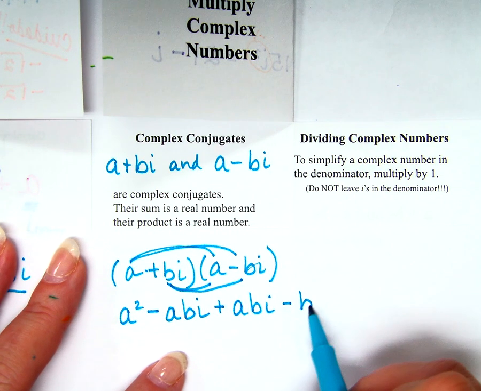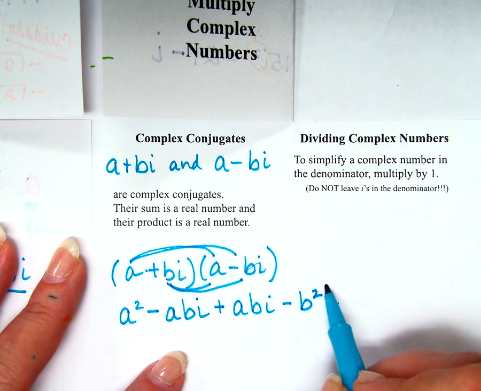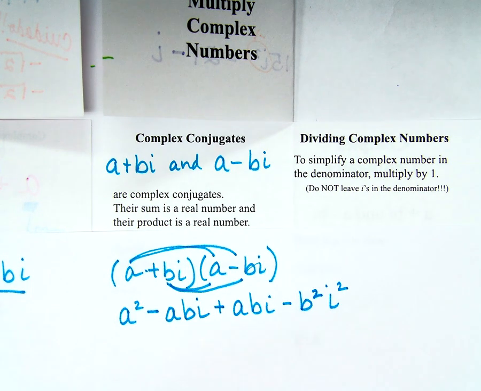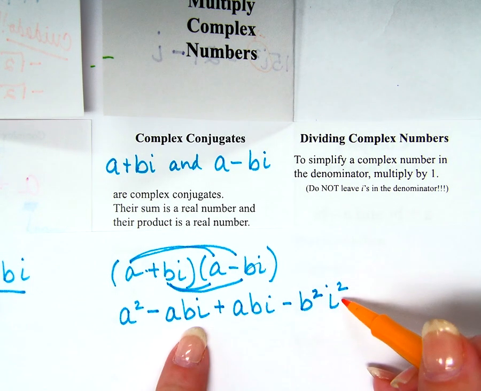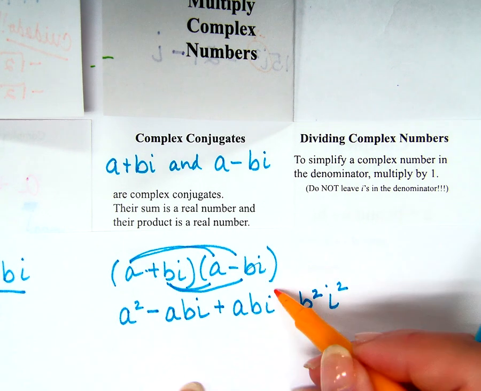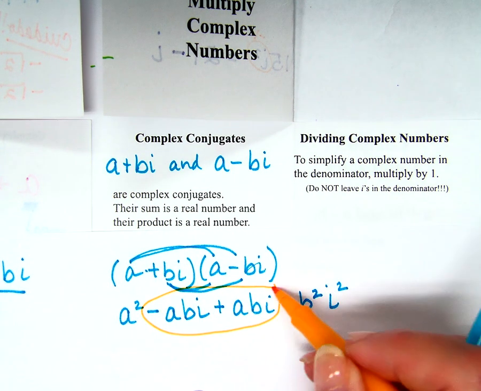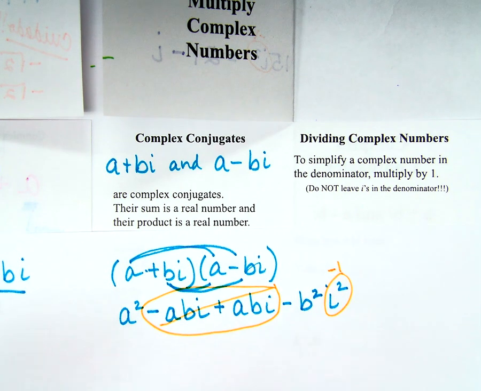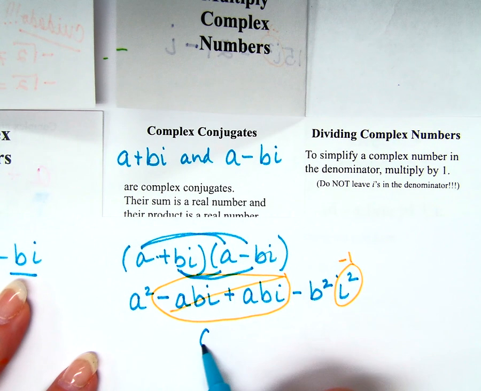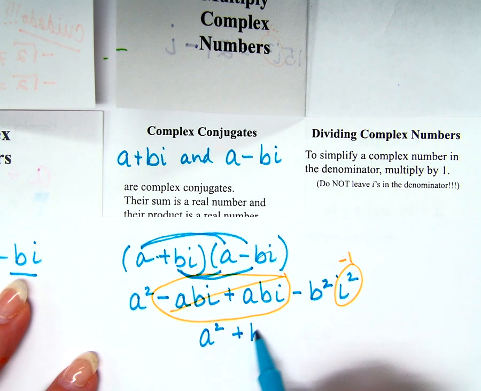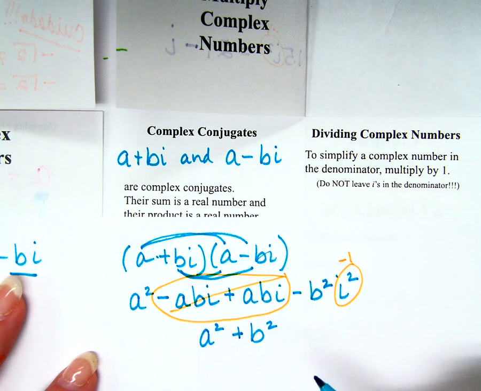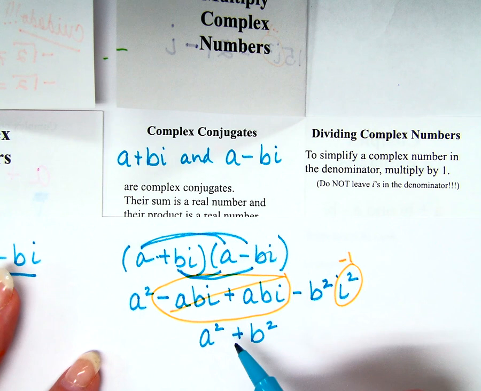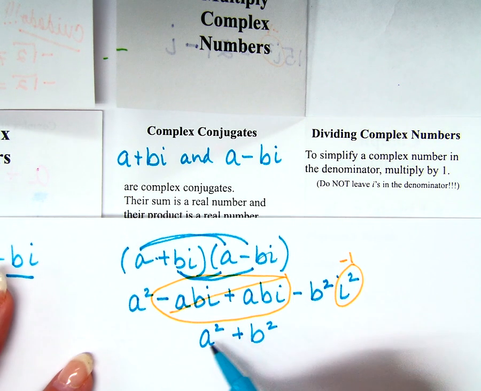So negative b squared I squared, right? B times b is b squared, and then I times I is I squared. What happens here? That's 0. And what happens here? Negative 1. So what I end up with is a squared plus b squared, right? Is that a real number? It's a real and a real.